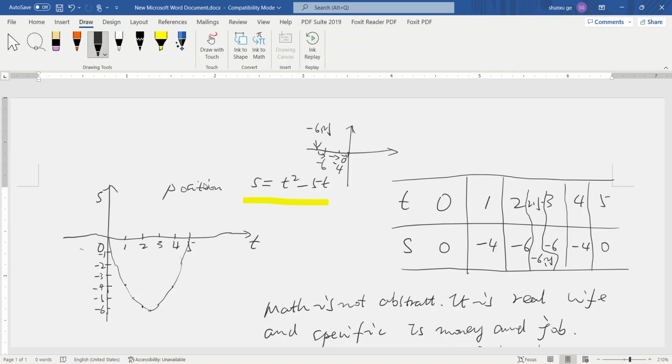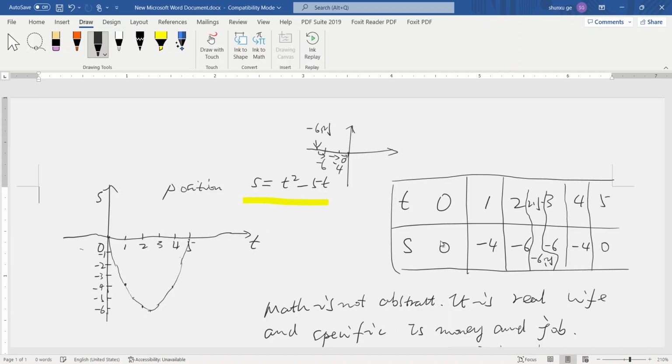So here we explain this function, using this form, and we write this form on this coordinate. Here is 0, here is t, here is s. We write every point on this coordinate. Here t is 0, so we write the position: s is 0. When t is 1, we get negative 4.